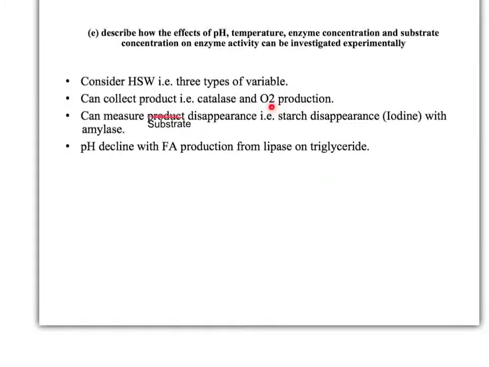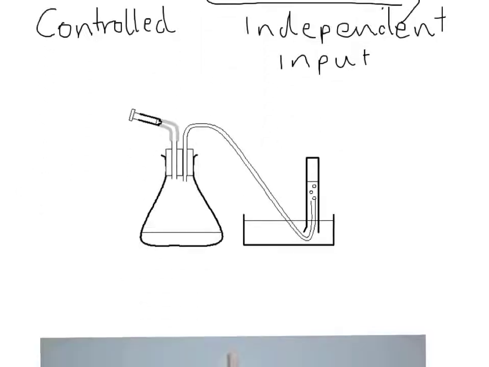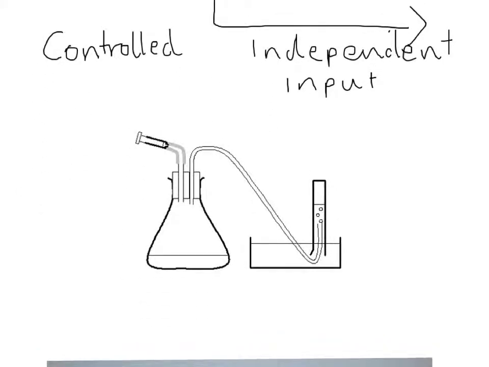So we will do this, and you'll have done this in the lab yourself. We could have a situation where we have our hydrogen peroxide here, and then we add some catalase, and it starts to produce some oxygen gas, and we can measure that oxygen. This could be an inverted measuring cylinder where we have a scale on the side, so we can measure the amount of oxygen in a given time.